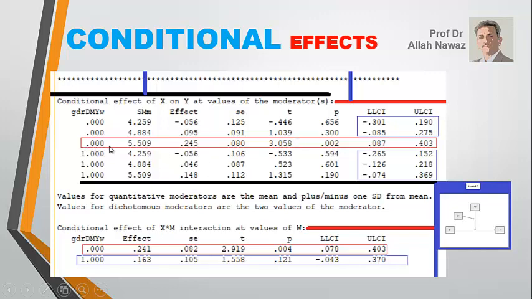We can see that only one group on the female side, the group that is having the maximum score on social media, is giving significant results with the effect of 0.245, t-score 3.058, far greater than the required minimum of 1.96, and both the lower and upper limits of confidence interval have positive signs, so there is no chance of zero between the range.